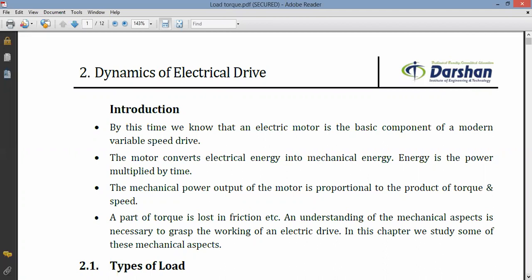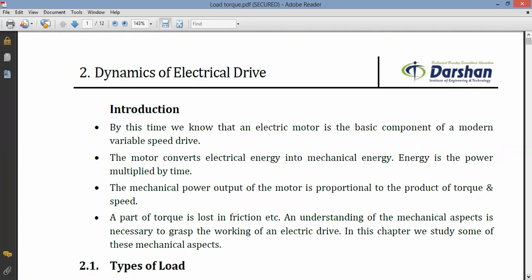Now here you have to discuss what we mean by the dynamics of electric drive. We know that the electrical motor is the main component of the modern variable speed drive, because we are dealing with an electrical motor drive system. In a drive system there are three types of components: one is called the prime mover, another is the transmitting device, and the third is the load.